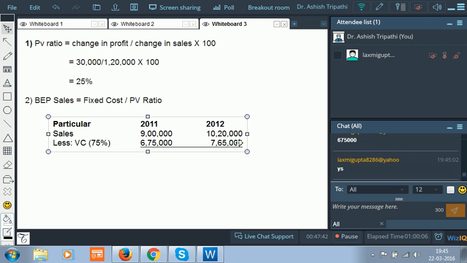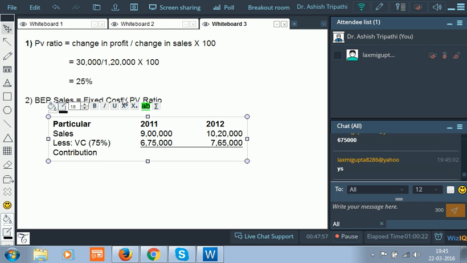So we got variable cost. Now let us subtract this from sales, and you will get contribution.